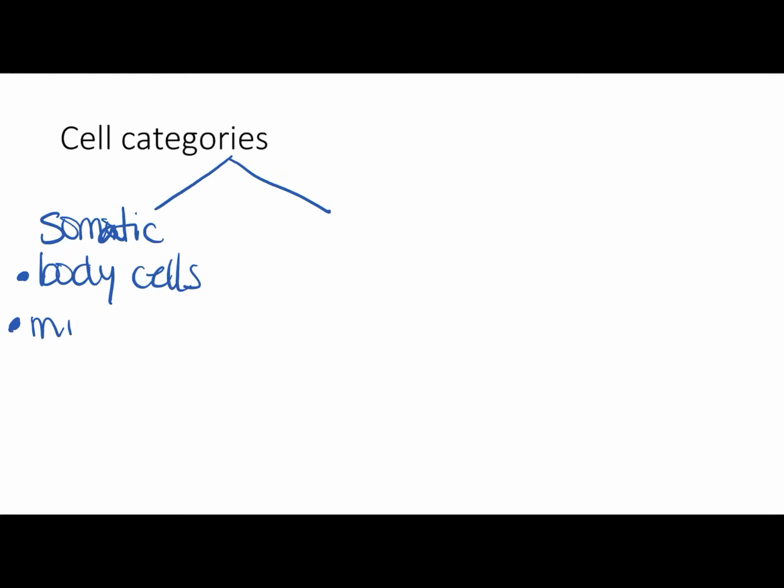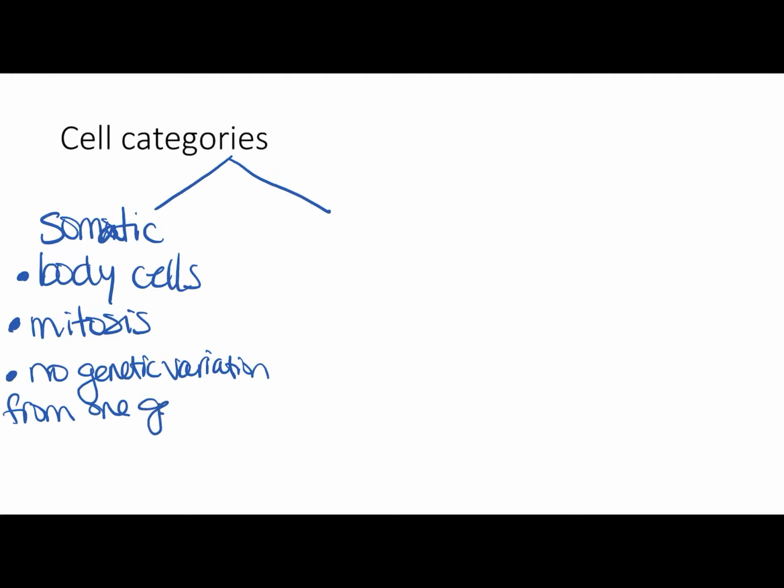Somatic cells divide only by mitosis. So as a result of that, other than changes in the DNA as a result of the copying process or environmental factors, there's no genetic variation from one generation of somatic cells to the next.